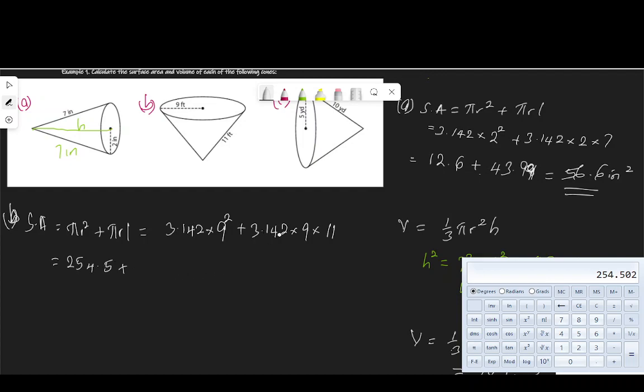Plus 3.142 times 9 times 11 is 311.1 approximately. Let's add them up. So this plus 254.5 is 565.6 approximately. 565.6 inches squared. As it is feet, not inches. Feet.